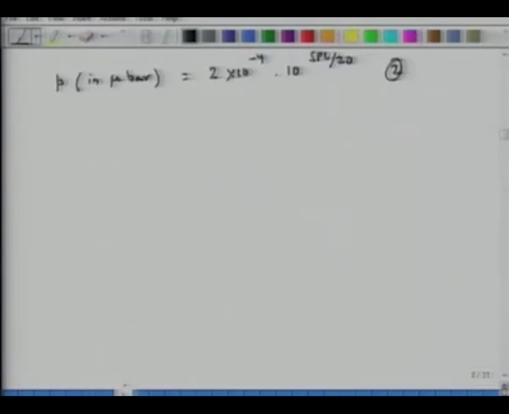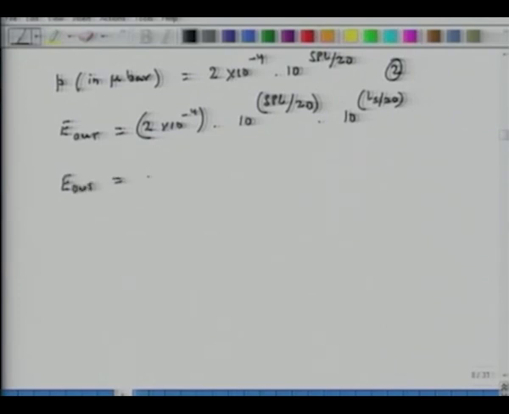So from 1 and 2 what I get is E out equals 2 times 10 to the power of minus 4 times 10 to the power of SPL over 20 times 10 to the power of Ls over 20, or E out equals 0.0002 times 10 to the power of (SPL plus Ls) over 20 volts.